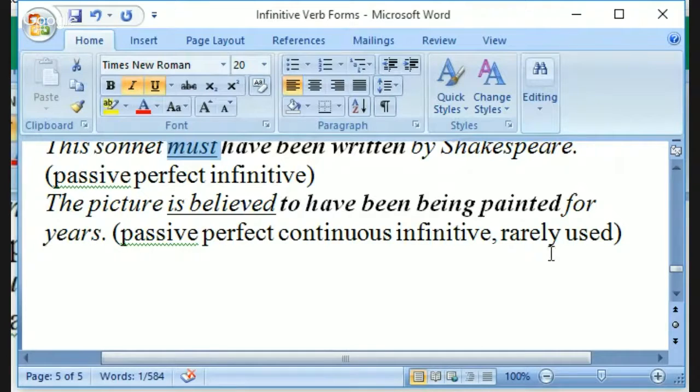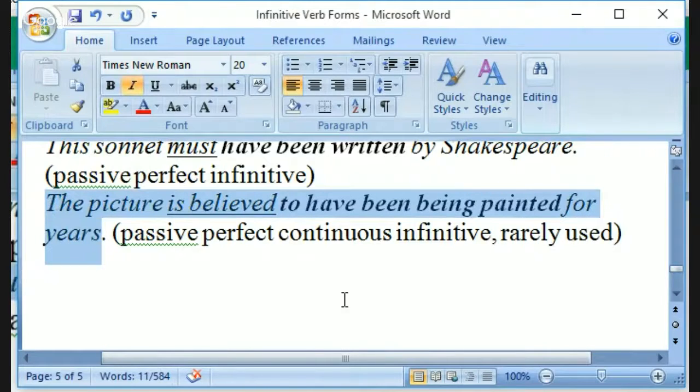Passive perfect continuous infinitive. This is almost never used. Ken, can you think of a different way of saying this crazy sentence here? It's believed to have been. It is believed that the picture has been painted for years.